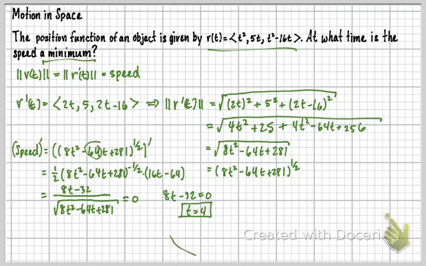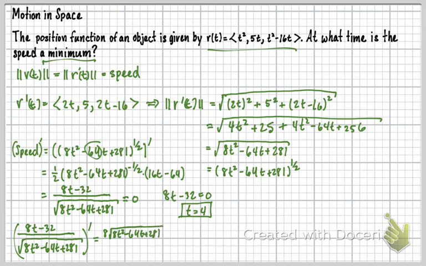I don't know that I like this problem anymore. Because I'm taking the derivative of the 8t, and this is going to be a quotient rule. So on the top, it's going to be 8 times the bottom, right? Derivative of the top times the bottom. So 8t squared minus 64t plus 281 minus the derivative of the bottom, which is this here.